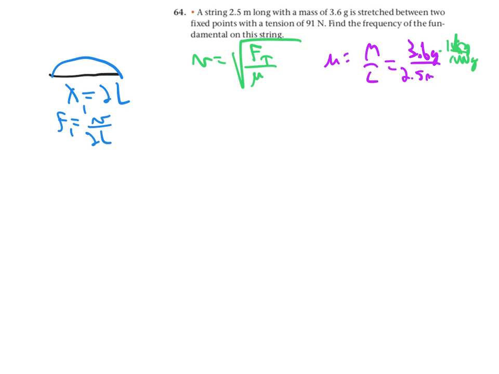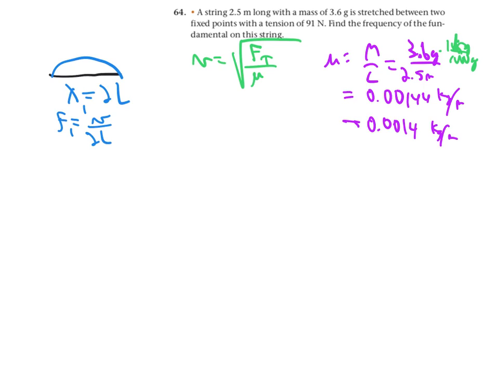And that gives us a linear mass density of 0.00144 kilograms per meter. Really, though, we only have two digits here, so 0.0014 kilograms per meter.